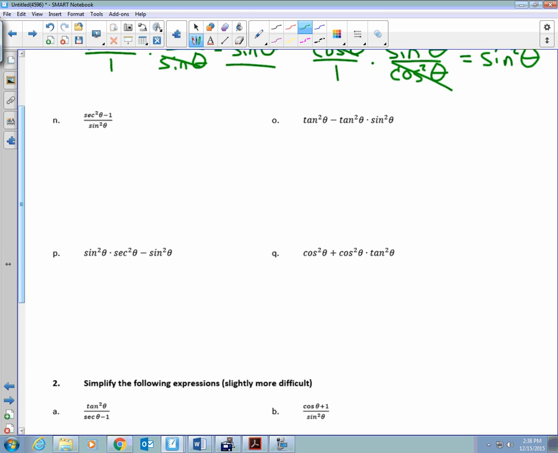Again, n, secant squared of theta minus 1. I could try to divide each by sine squared, but there's probably a better way. What can I insert for secant squared minus 1? Exactly what we did in the previous problem. We can insert tangent squared. Again, this looks like what we had yesterday, doesn't it? Question.